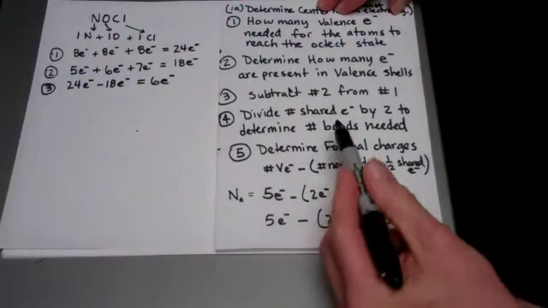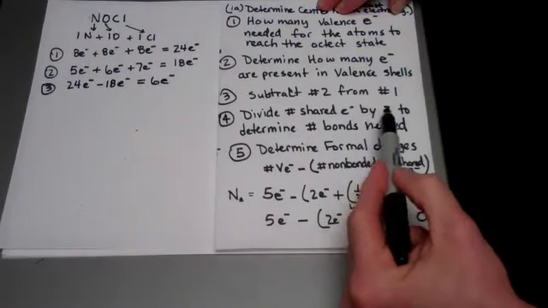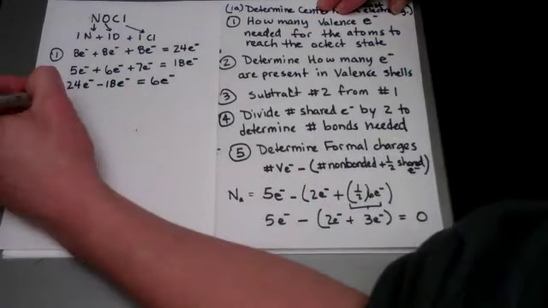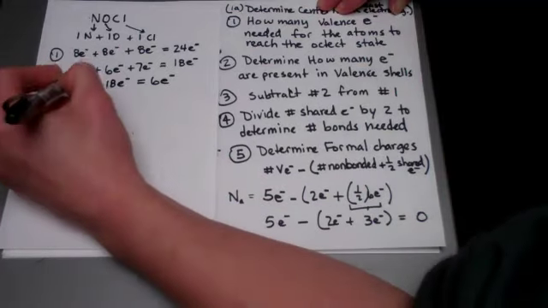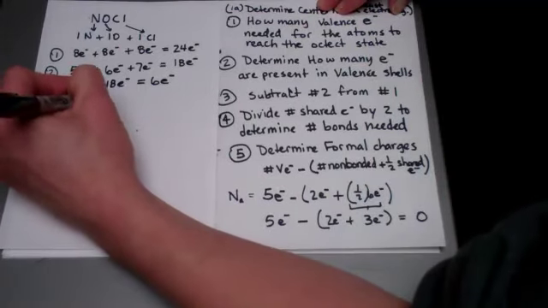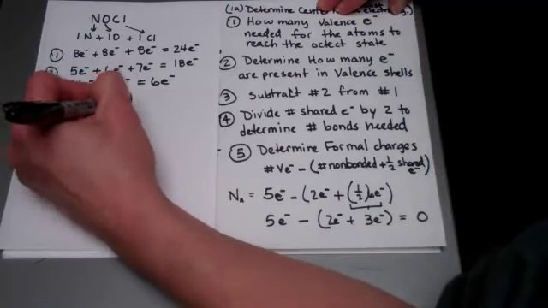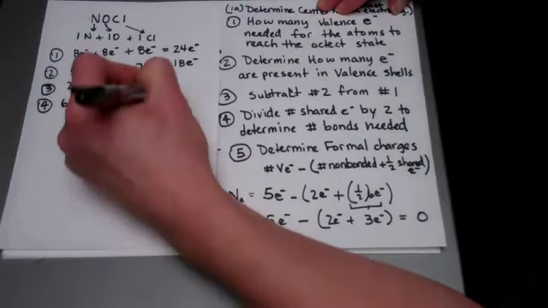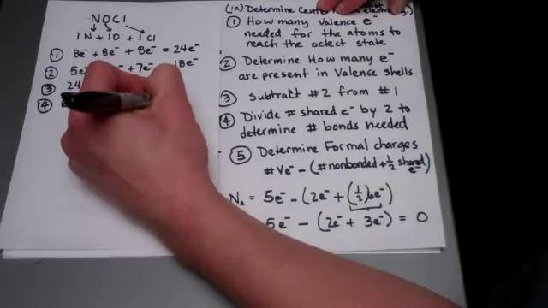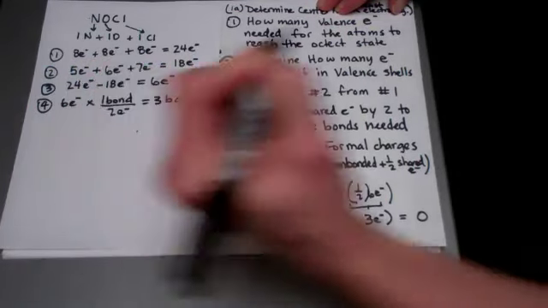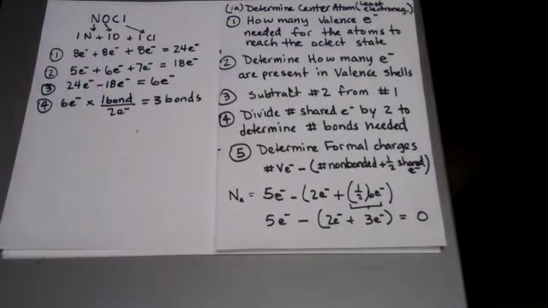Right? If we divide that then by 2, divide our shared electrons by 2 to determine the bonds needed. So we've got 6 electrons, essentially times 1 bond for every 2 electrons. That's going to tell us that we need 3 bonds. So we're going to need 3 bonds to complete our molecule.